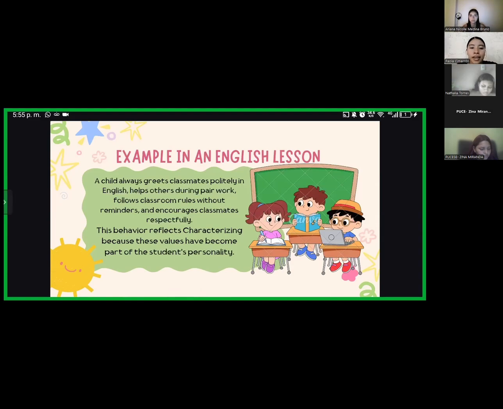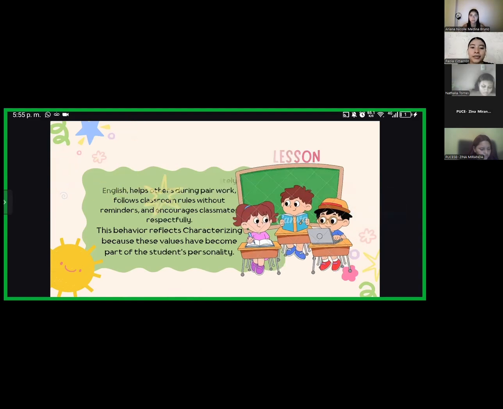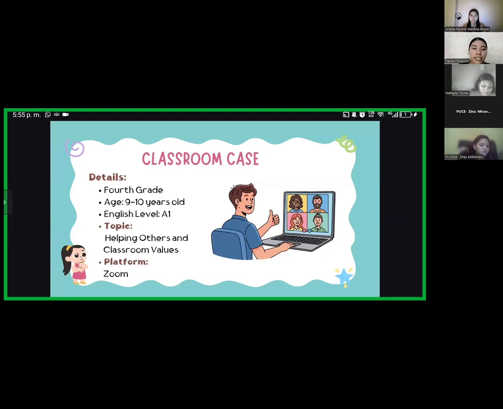Now, I will explain the classroom case. Imagine a fourth grade English class with 20 students between 9 and 10 years old. Their English level is A1. Because they are learning remotely, the lesson takes place through Zoom.